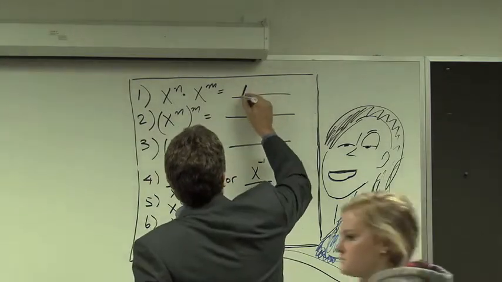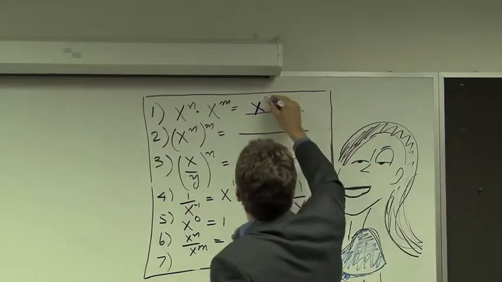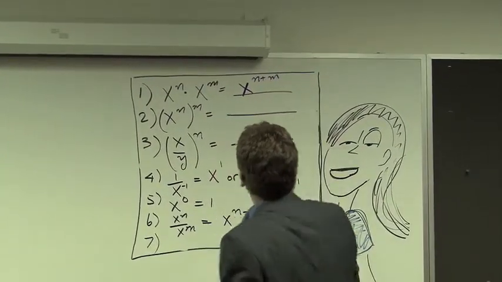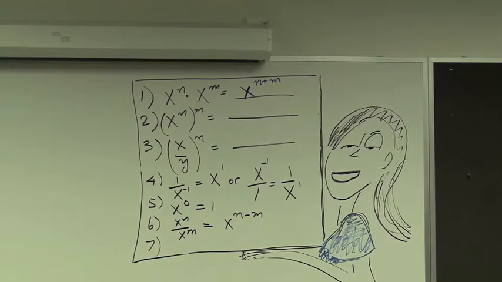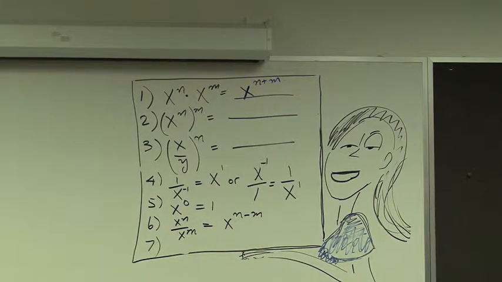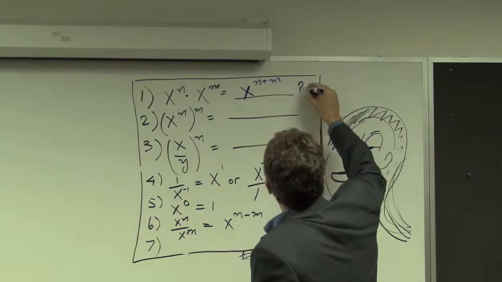Okay, so I got x to the n plus m. What about this? What did I call that? Had a name? Product rule. So I call this the product rule.